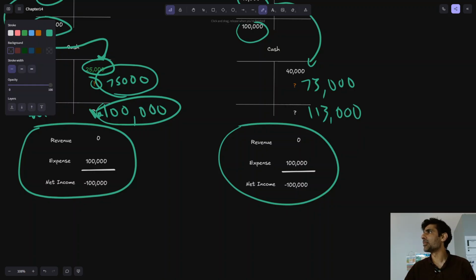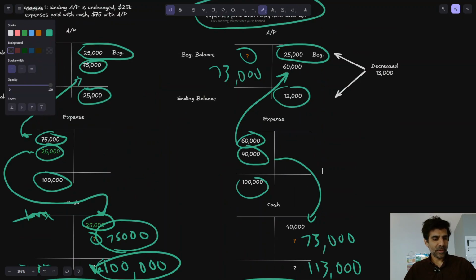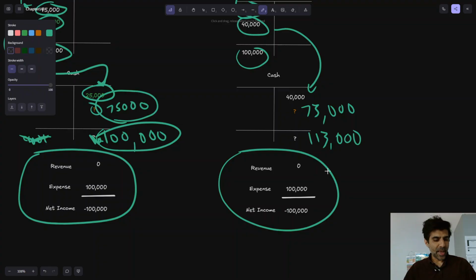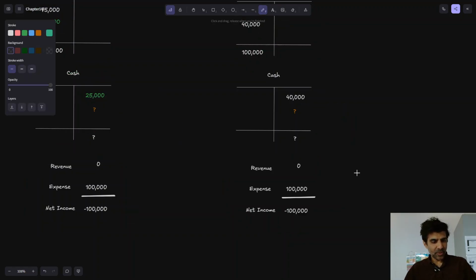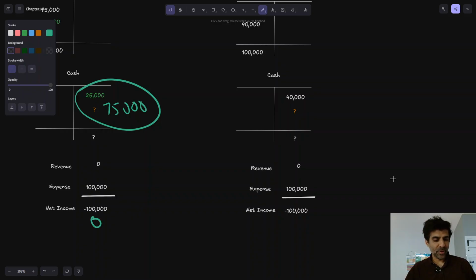Do I need to make any adjustments to this? No, right? The net income is negative 100, and the total decrease in cash is 100,000 also. So this requires zero adjustment.